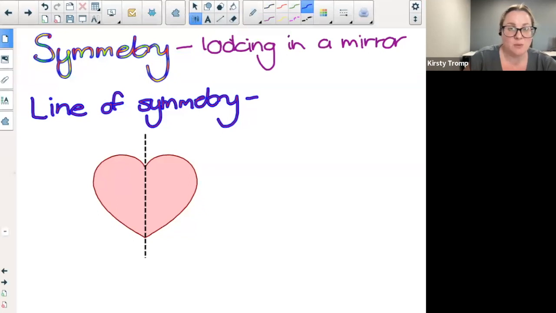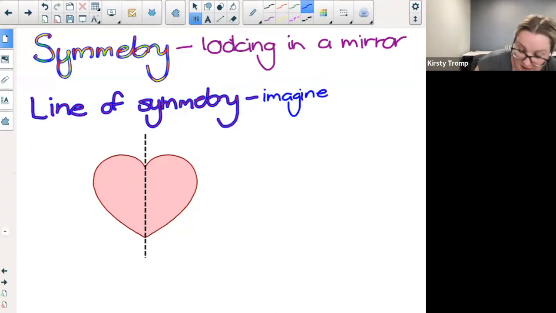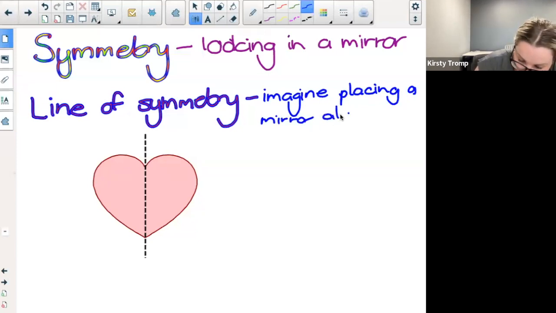Let's write to ourselves what line of symmetry means. Okay, so a line of symmetry is like, imagine, placing a mirror along the dotted line.